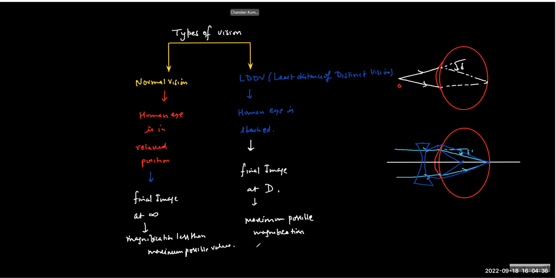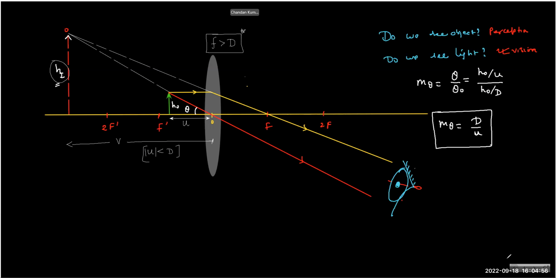I hope this is clear, guys. Yes, sir. So now the next part is simple, common sense. For normal vision, now that comes back to the concept of lens.